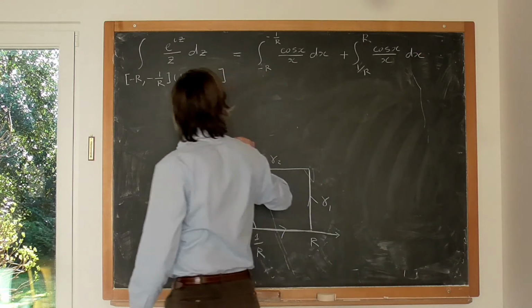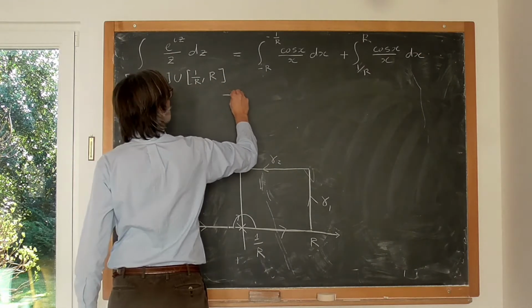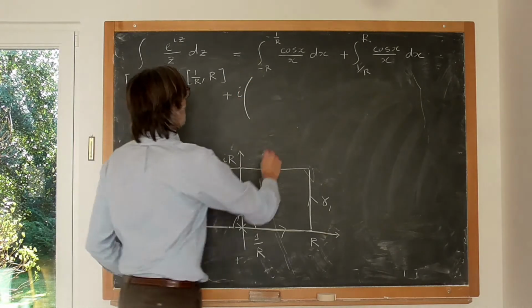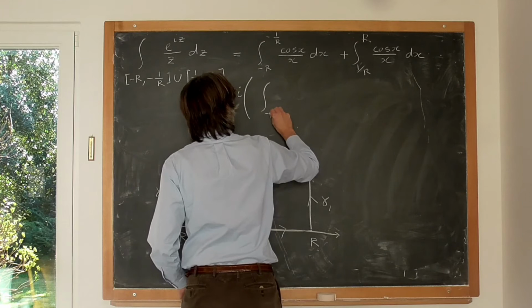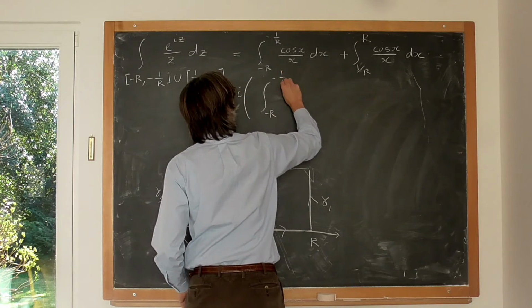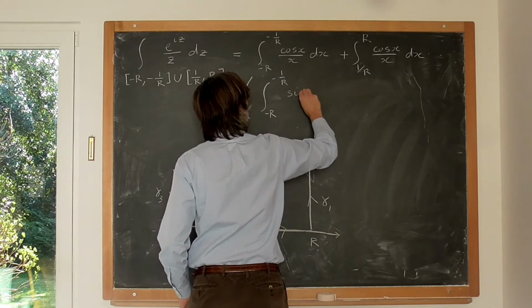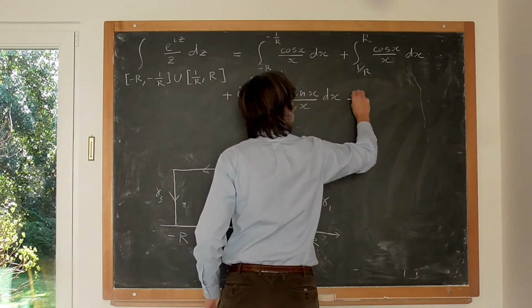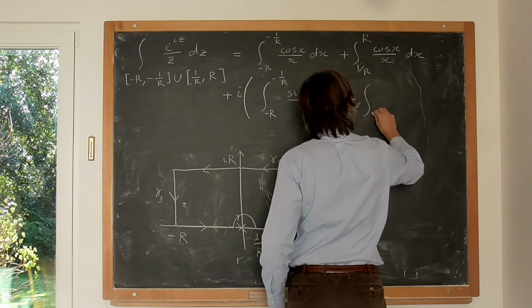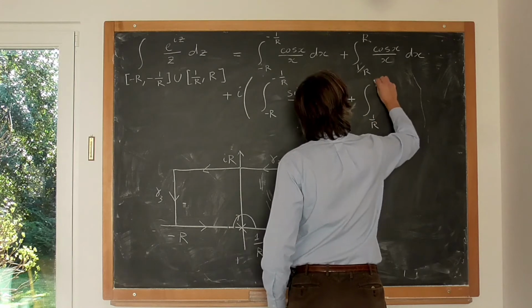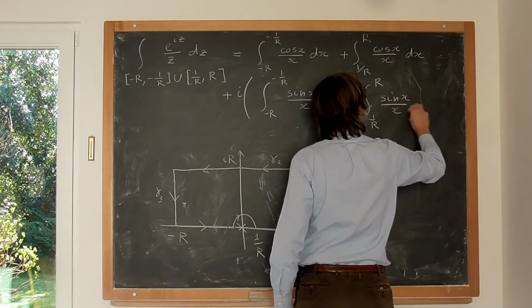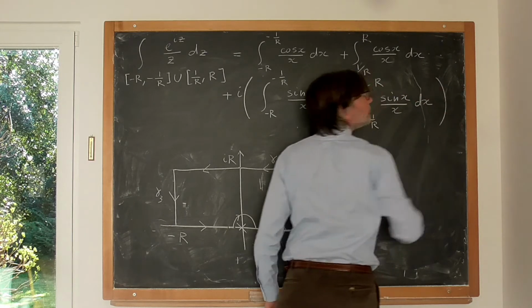Then you have the imaginary part, plus i, and we have the integral between minus r and minus 1 over r of sine x divided by x, and the integral between 1 over r and r again of sine x divided by x dx.